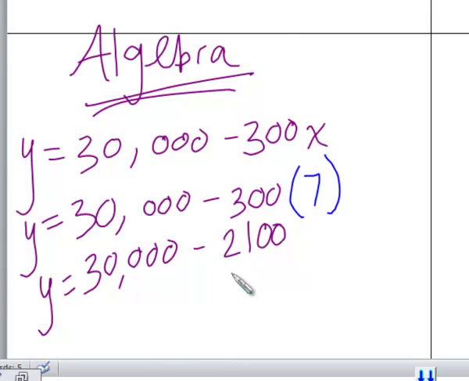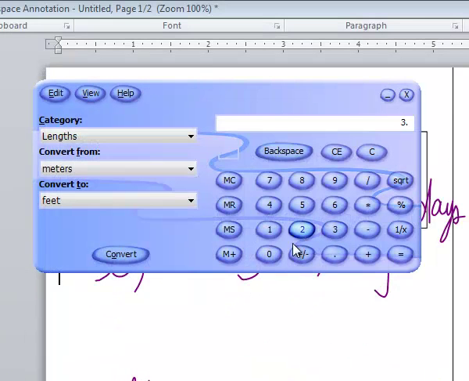I'll pull up my calculator so that we can all see exactly what this is. Say 30,000 minus 2100, because my 300 times 7 gives me 2100. That's going to equal 27,900.